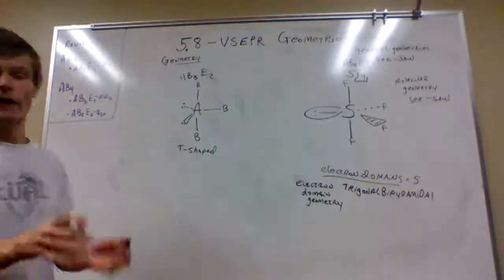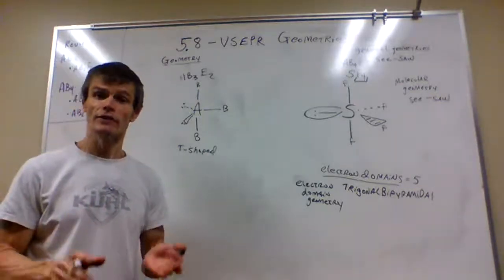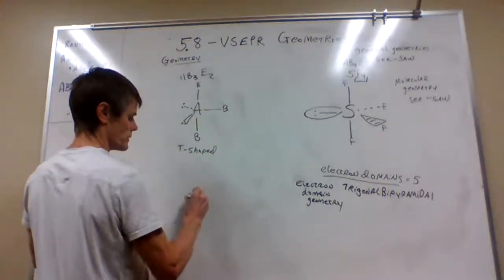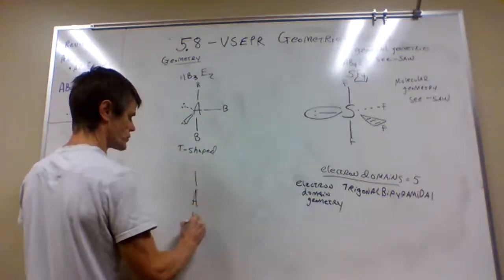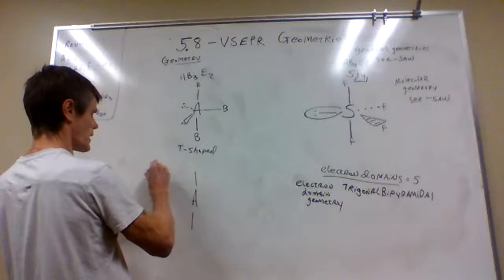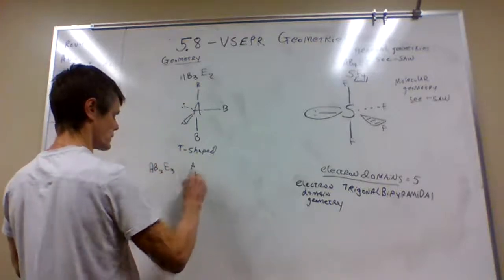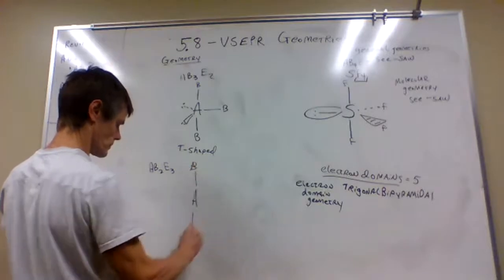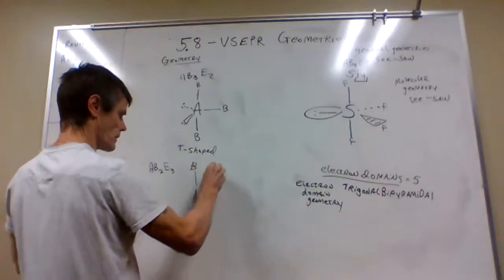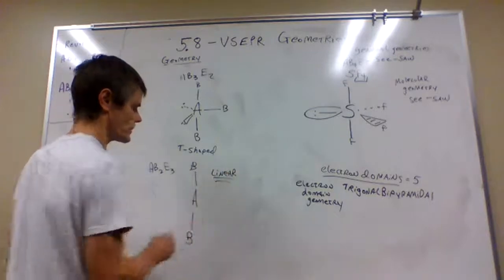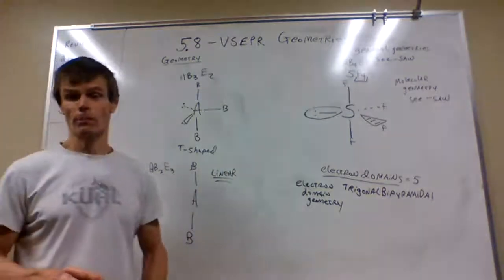Now, if we placed another lone pair of electrons, once again, they would come off of the equatorial position. And this is AB2E3. For this molecular geometry, we have a linear molecule.